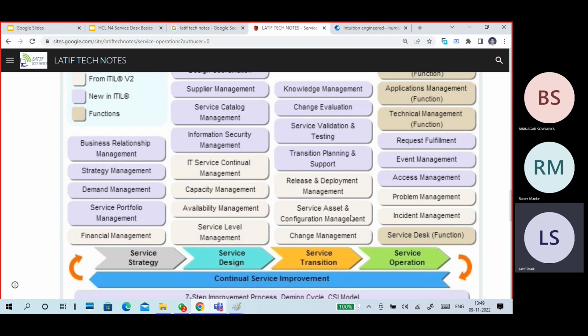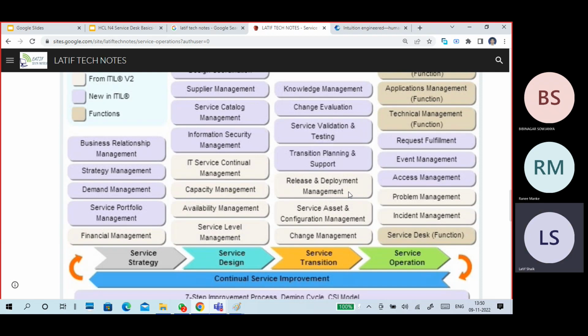Service asset and configuration management, release and deployment management. When you build according to the requirements and deploy to the customers, that is release and deployment. Guys, find out what release and deployment is. It is very useful.